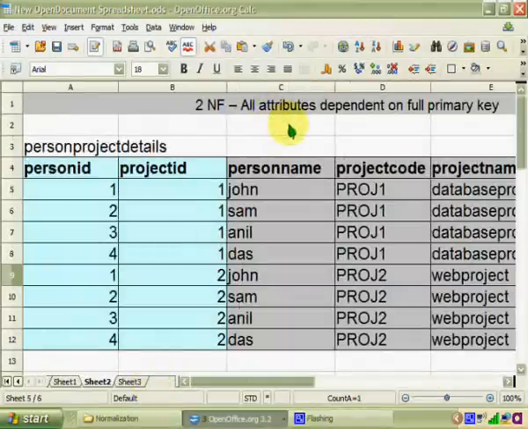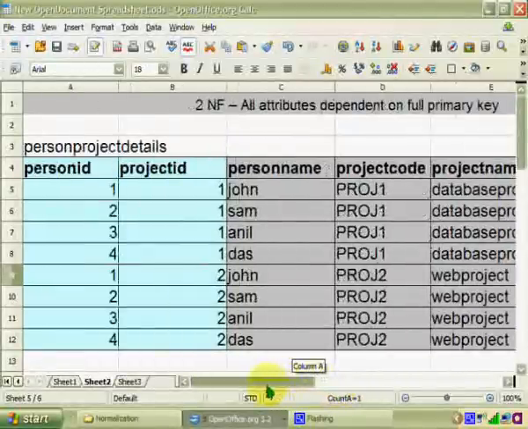The second normal form said all non-key attributes should be dependent on the full primary key, but we had several columns that were dependent on the partial primary key. The person name was dependent only on the person ID, and the project code was dependent only on the project ID. Project name was dependent only on the project ID, and person phone was dependent only on the person ID.